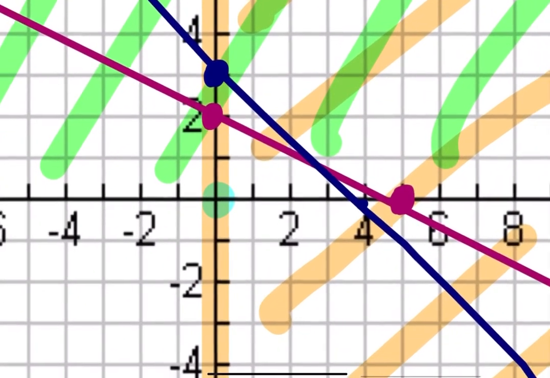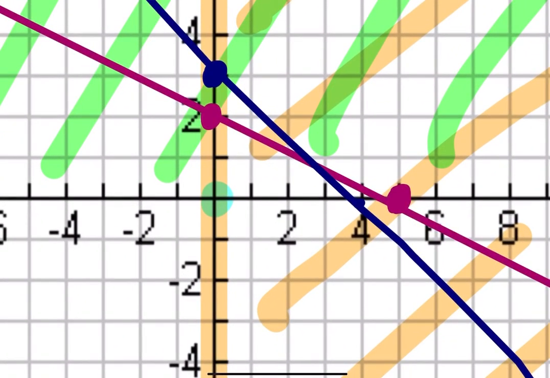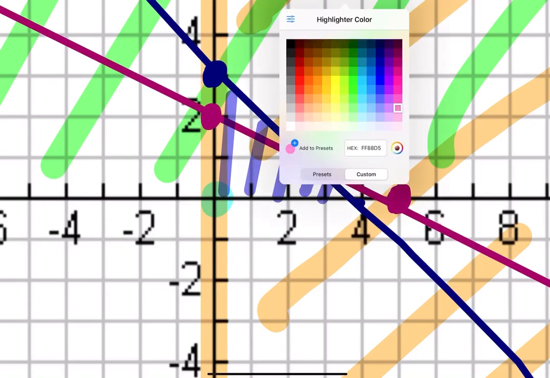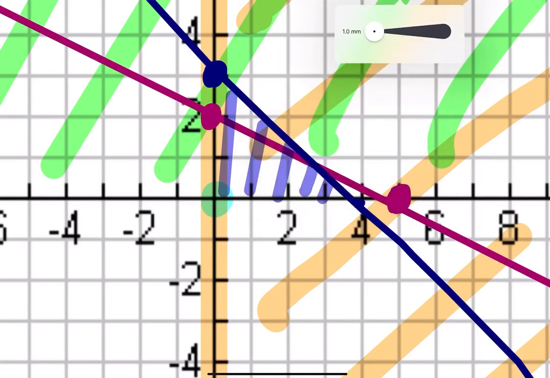So therefore, what I'm going to have here is something like this, right? One of them is going to be here. The other one is here. Let me change it to a different color. The other one is going to be over there.